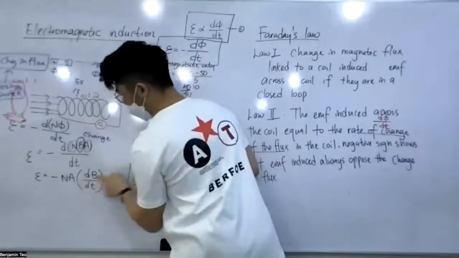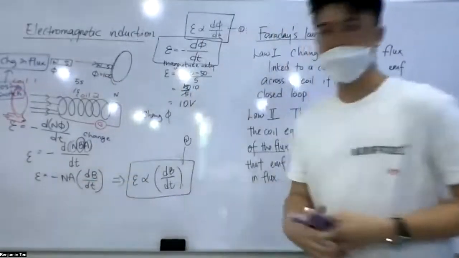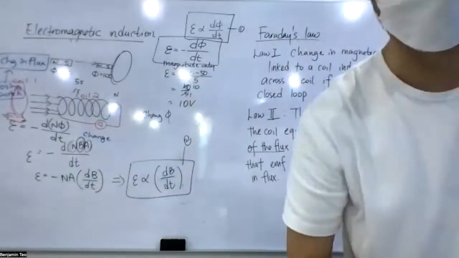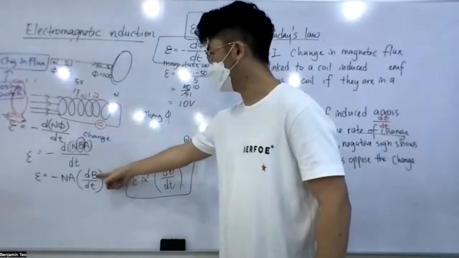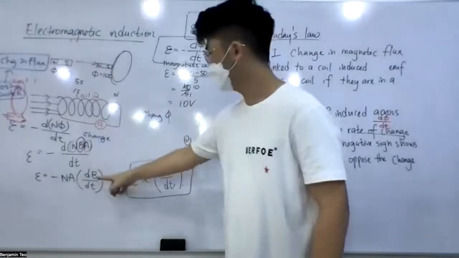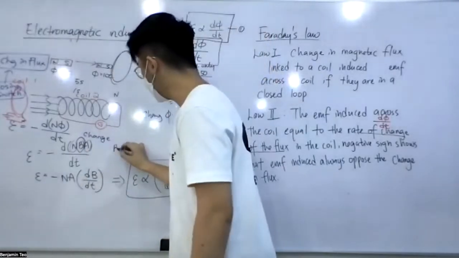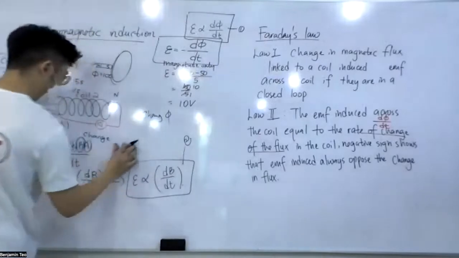From here, B, we know that it is dependent on current. The larger your current, the stronger the field it produces. So we write B is proportional to current.